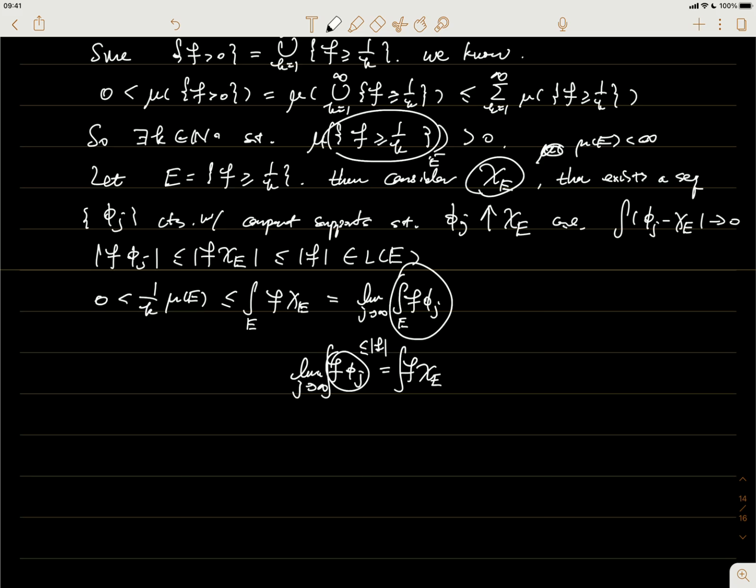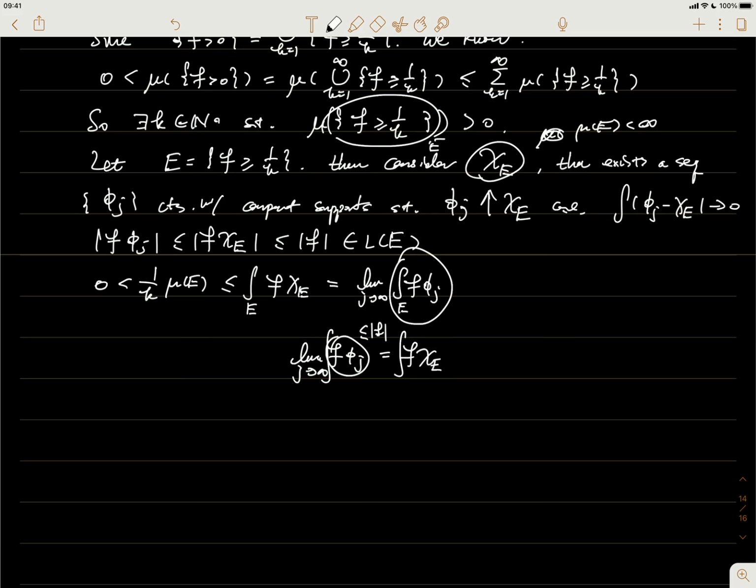Otherwise, the integral of f over E will blow up, because f is greater than or equal to 1 over k. If this is infinity, then even this one will be infinite, and that contradicts the fact that f is integrable.